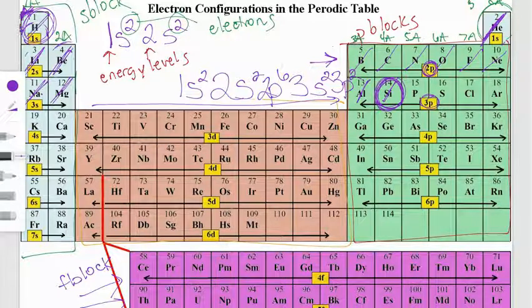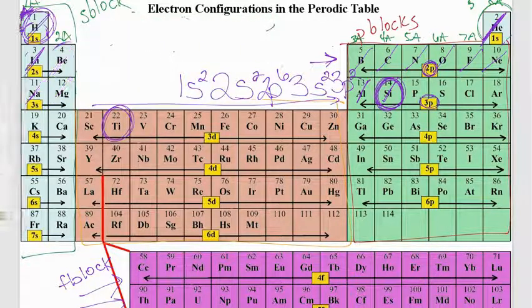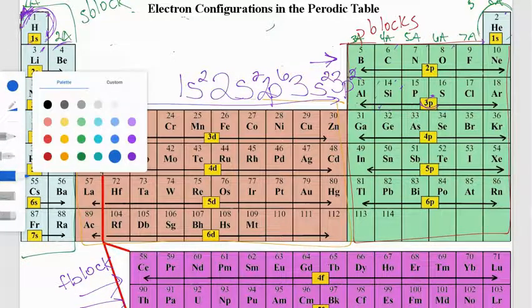I'm going to show you one more down here, and we're going to do Ti. And you'll notice as you do this, you kind of just build and build upon them. So we have to start back at hydrogen. Pick a different color. Let's go with blue this time.